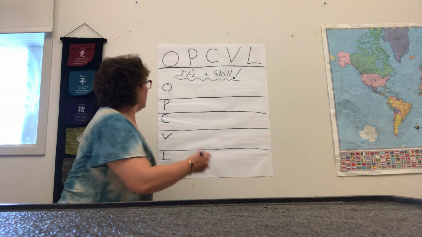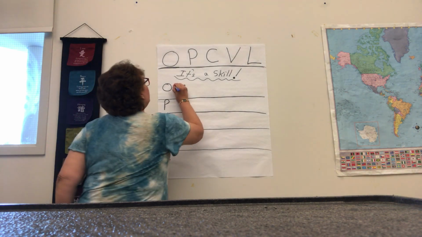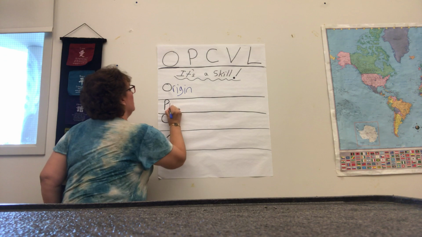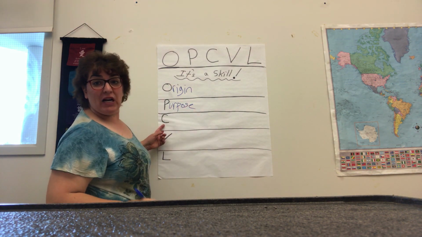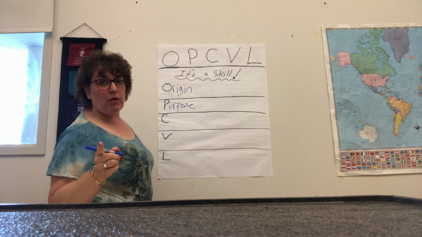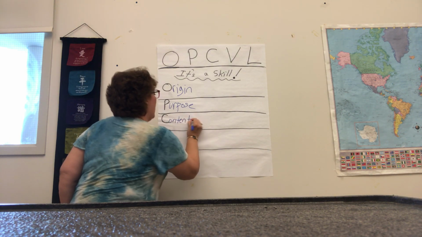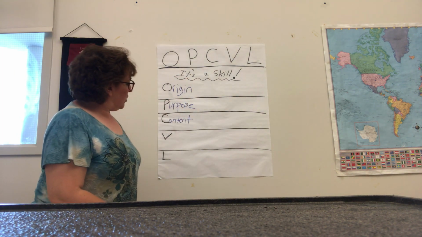Well, here it is. Let's talk about what the letters are. O is for origin. Let's write it in. P is for purpose. C for content. We all love that word. I know you use that word a lot. And then these are kind of like your base of what you're going to be doing.